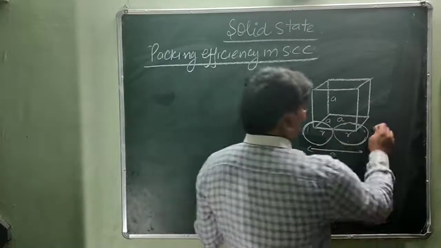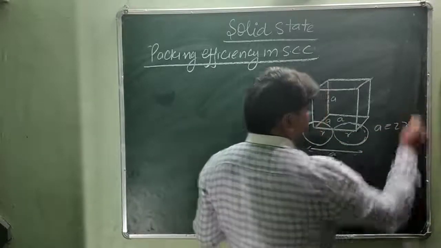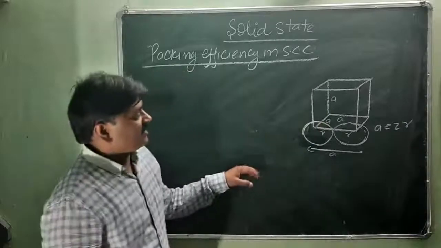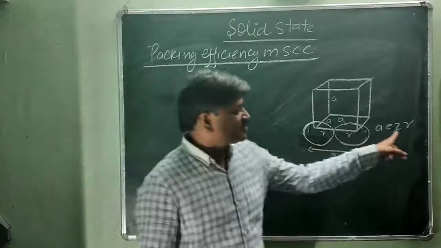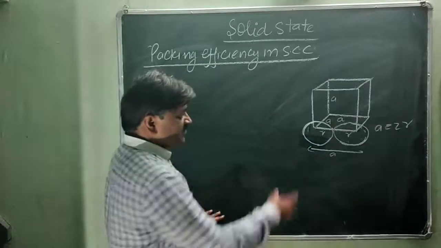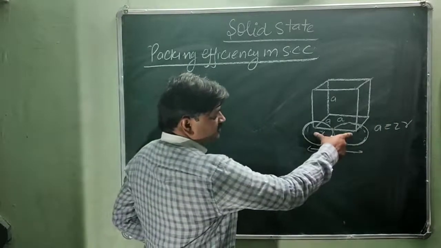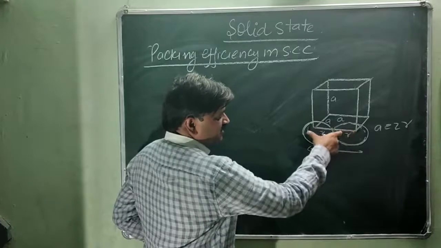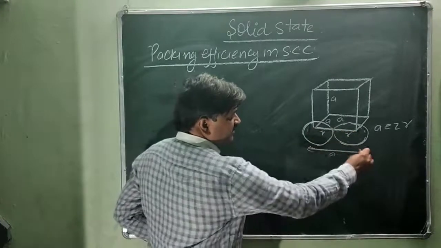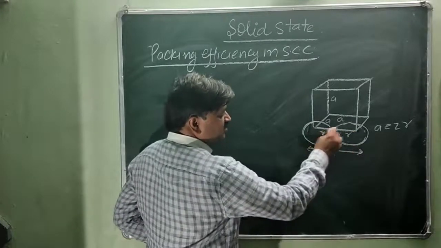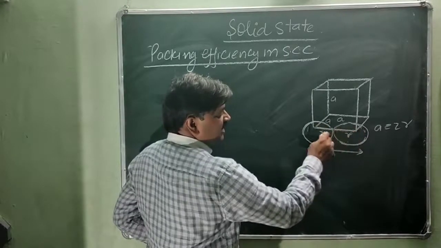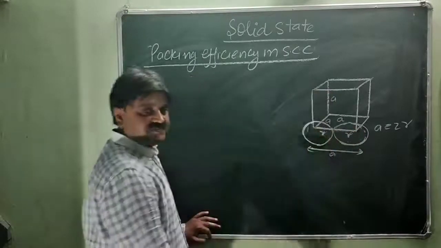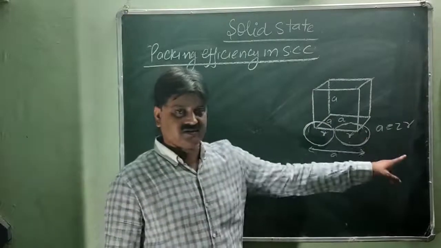So a is equal to 2r. In the case of simple cubic, a is equal to 2r. You can see here that the two corner atoms touch each other, the distance is a, and the radius of these two atoms or spheres is r and r. So a is equal to 2r.